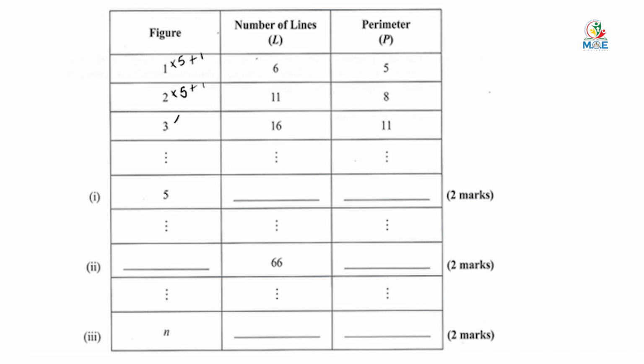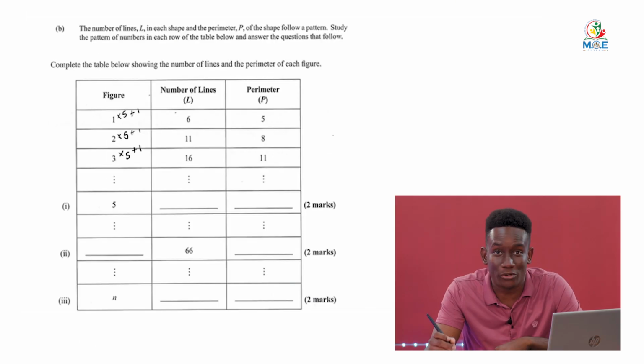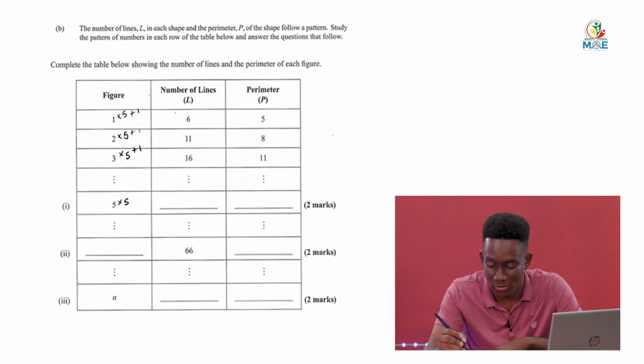So that worked. So I multiply by 5 again. So 3 times 5 would be 15, 15 plus 1 would be 16. So I see that pattern is working there. So I multiply by 5 and then I add 1. So 5 times 5 would be 25 plus 1 would be 26.